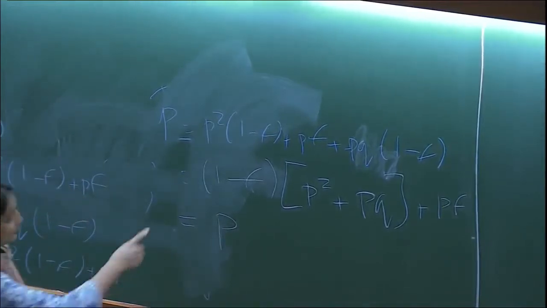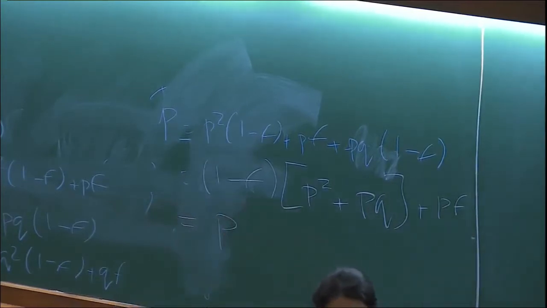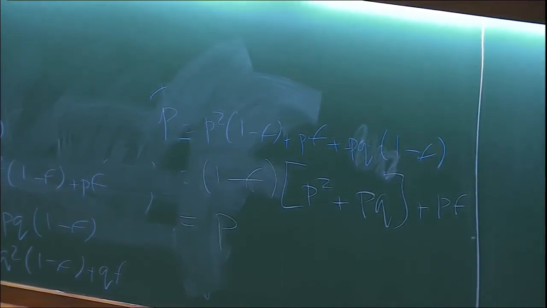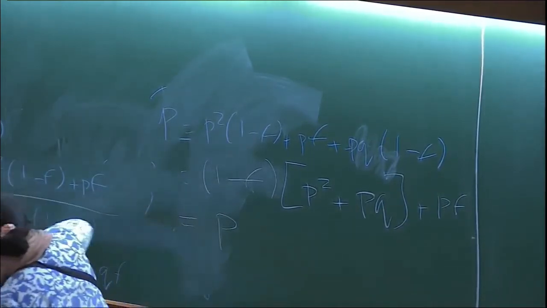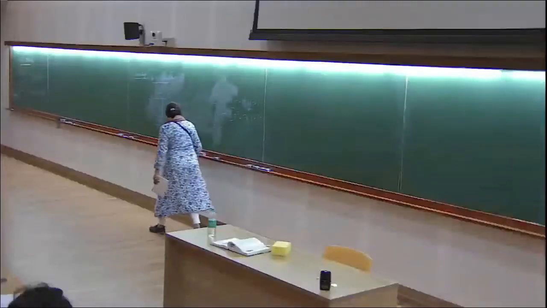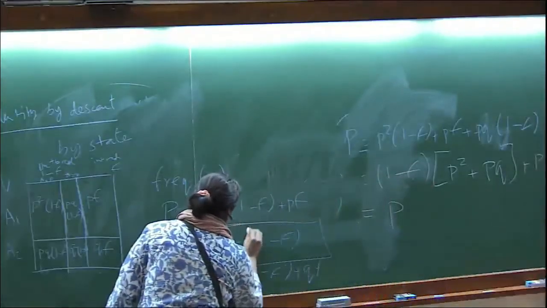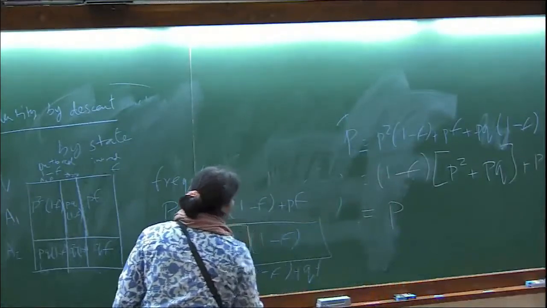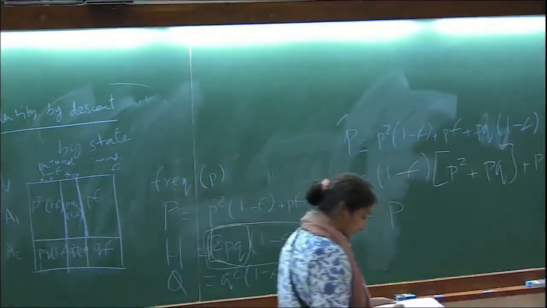We'll have to substitute 1 as p plus q and all that. If you simplify it, it basically equals p. So the frequency in the gametes doesn't change. But in the adults, because of inbreeding, there's an apparent loss of heterozygosity. And this is lost by this term 2pq into f.